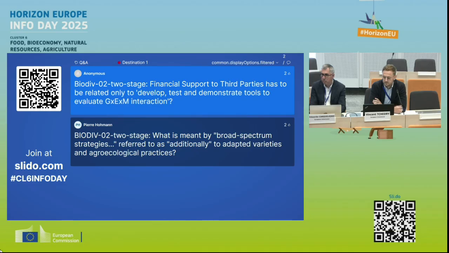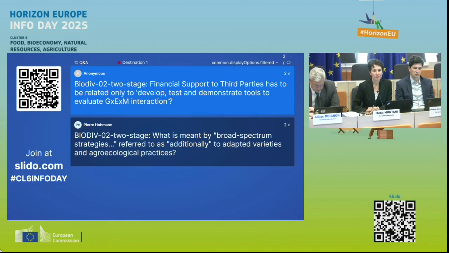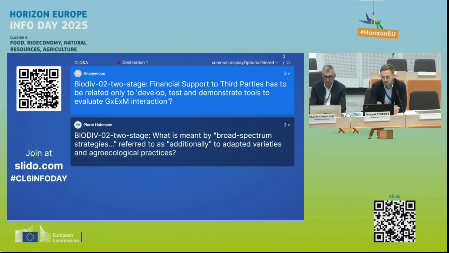Next two questions. So one is financial support to third parties has to be related only to develop, test, and demonstrate tools to evaluate GxAM interaction. So in regards to the use of financial support to third parties, this is a bit open.